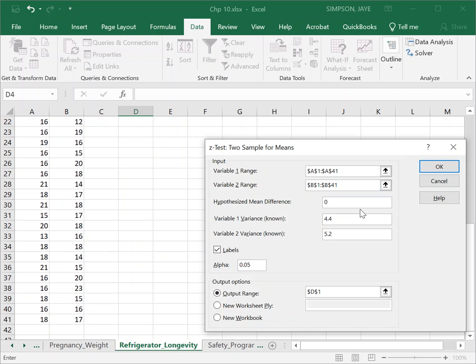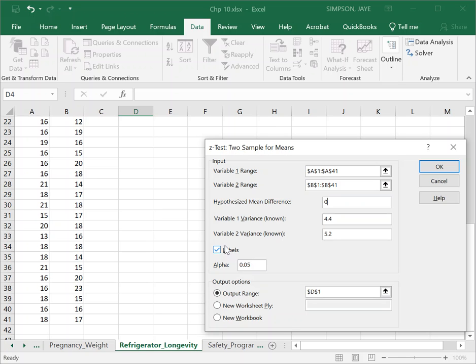Because the mean difference is hypothesized to be 0, I entered 0. Since we know the variances of each one, I'm going to enter those in. I've typed in the variance for brand A as 4.4, and the variance for brand B as 5.2. Make sure that you enter the correct variance in the correct variable, however you've identified them. And then I checked that I have labels.